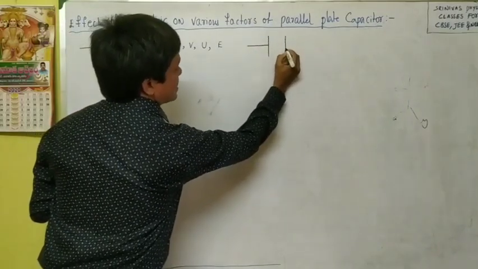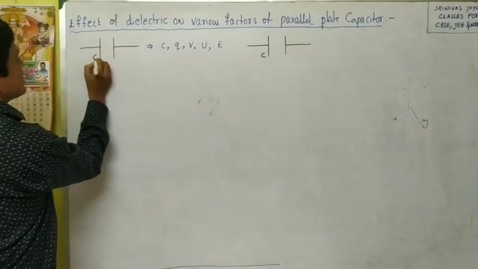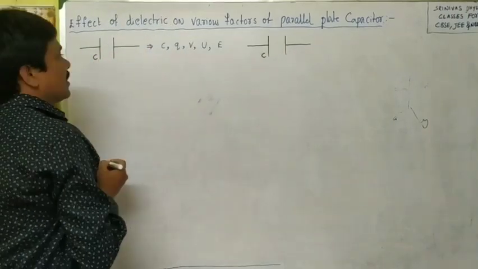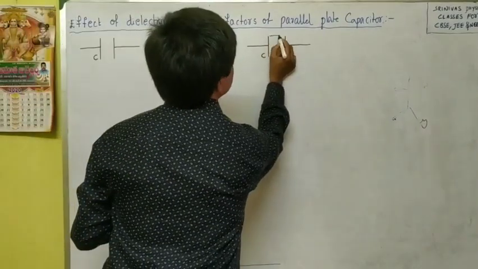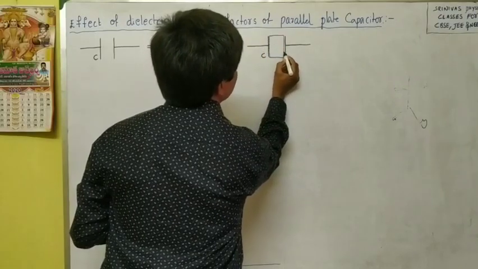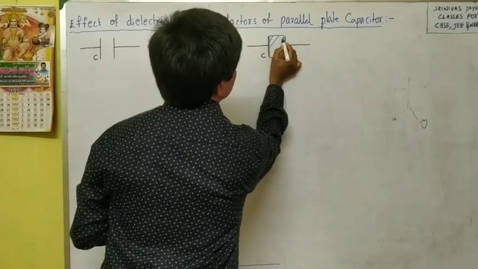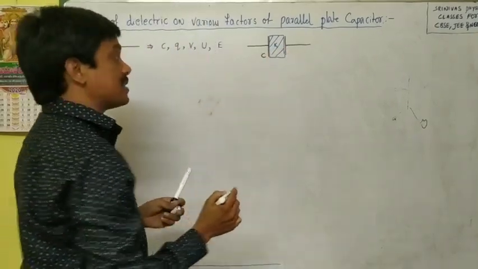Now this is the capacitor whose capacitance is C, and I am introducing the dielectric slab in between the two plates of the capacitor. You already know the effect of the dielectric slab on capacitance.